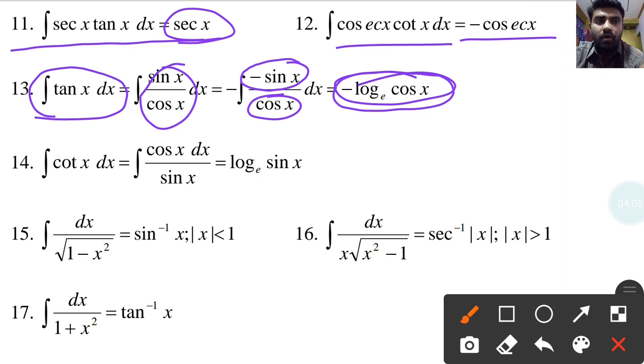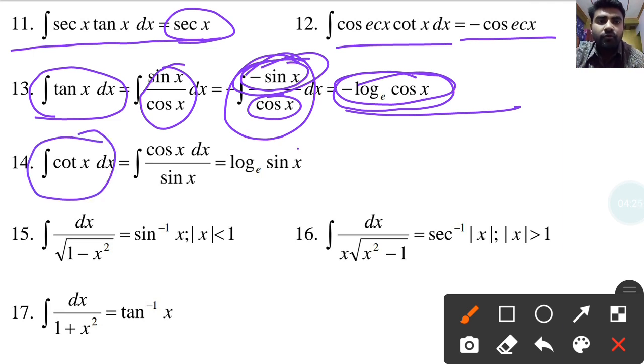Now see, here it is log e cos x, right? Here the integration of minus sin x is also there, so here we have to apply the division rule, and then we will get that answer. Then integration of cot x dx, so cot x means cos upon sin, so log sin x, again that division rule, right?